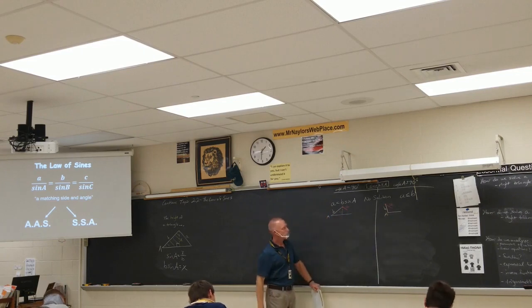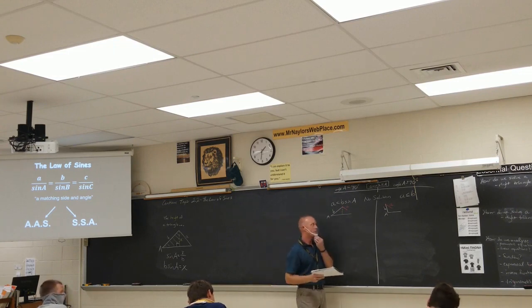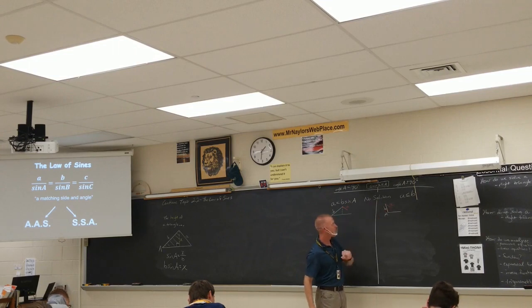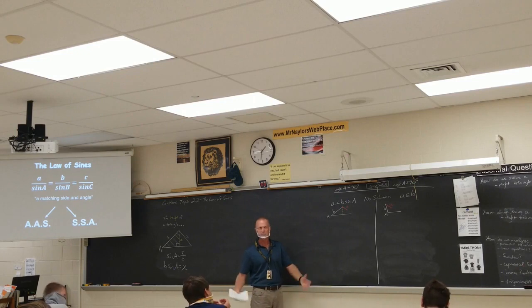Just look at what I'm drawing. I'm drawing a triangle. Well, actually, it's a triangle that doesn't exist because side A is smaller than side B. It would not be long enough to connect the dots to make a triangle. And so that's why that would also be no solution.